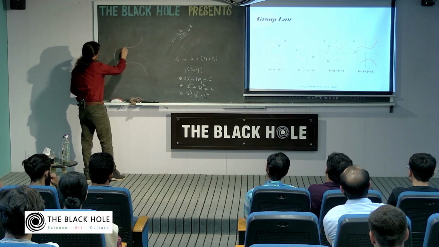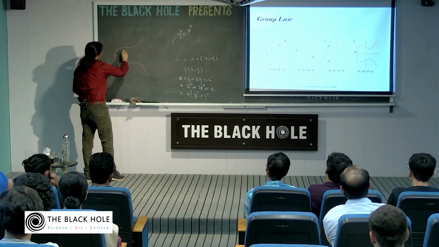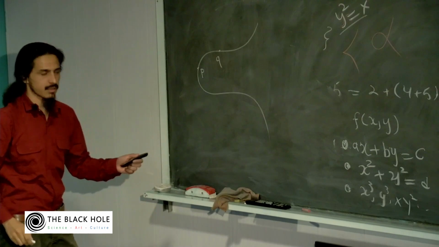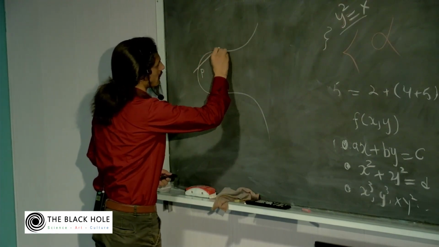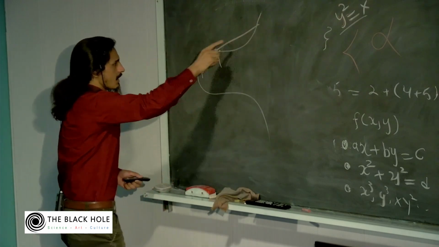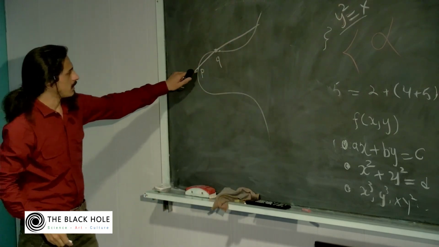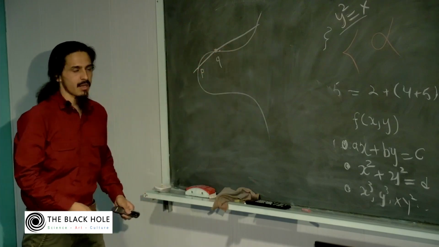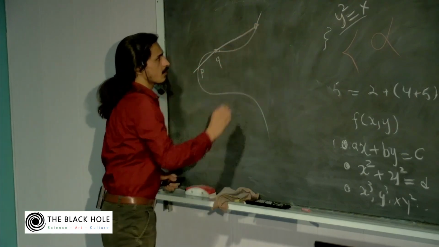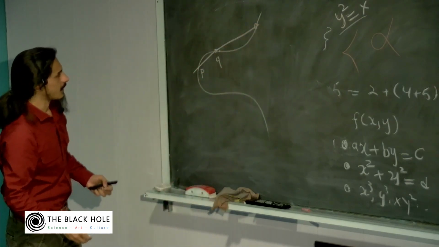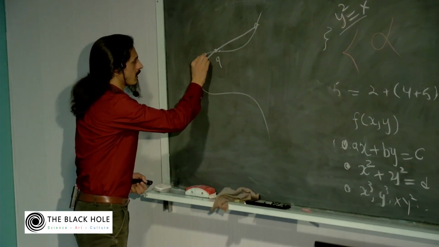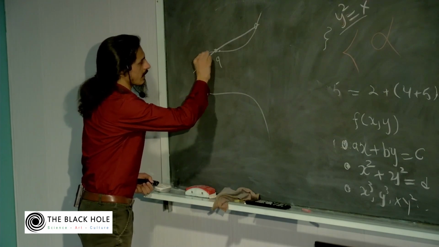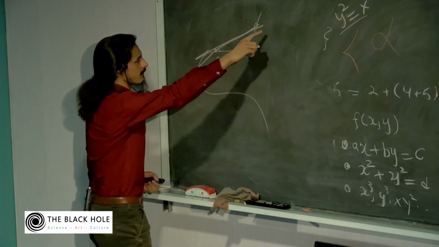We take 2 points P and Q on this elliptic curve, and we want to add these 2 points. And this curve being cubic, if we try to join these 2 points with a straight line, we always hit a third point. Okay, this is clear from here. But what about the line which is going from 1 point, a tangent line? It also hits the elliptic curve at a third point.